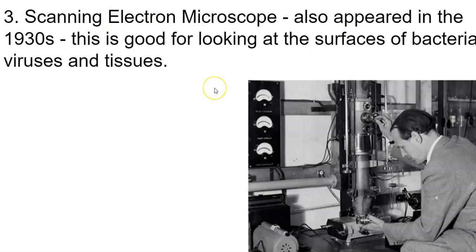Another kind of electron microscope is a scanning electron microscope, also invented at the same time as the transmission electron microscope. And the scanning electron microscope is good for looking at the surface of bacteria, viruses, and tissues.